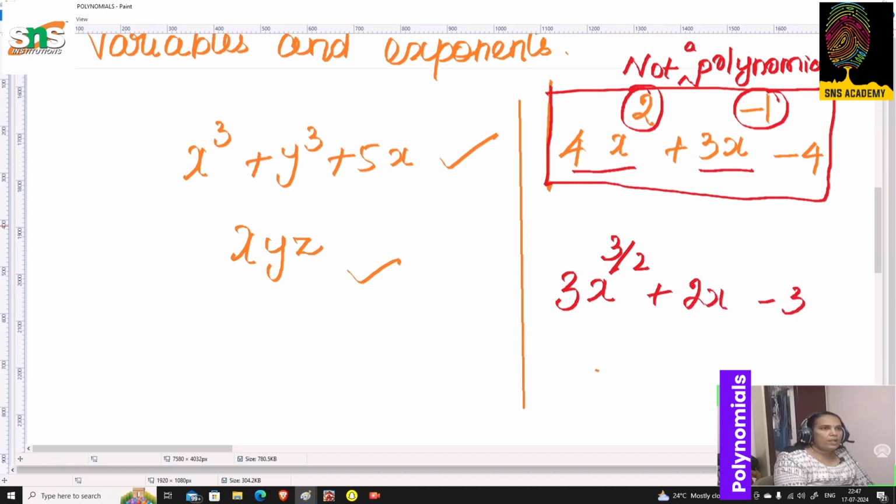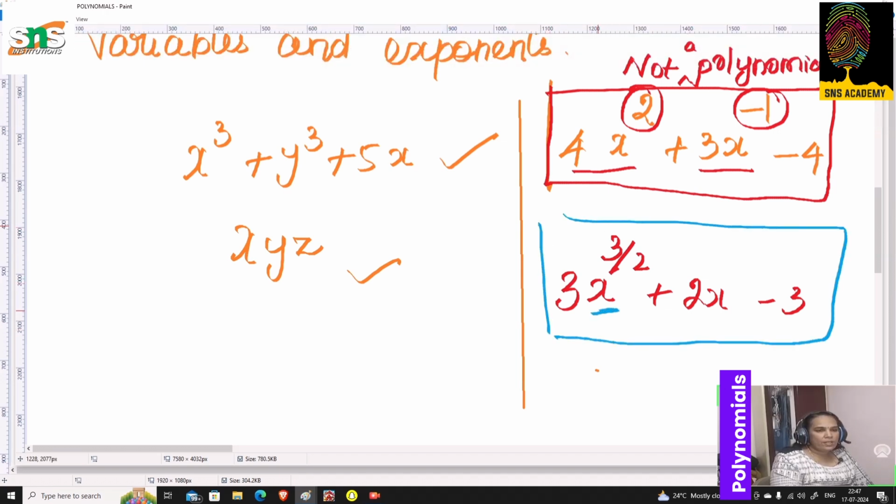If you observe this expression, again the power of the first variable x is given as 3 by 2. So if the power is apart from a positive integer, if it is a square root, a fractional number or a decimal number, then we call it not a polynomial.